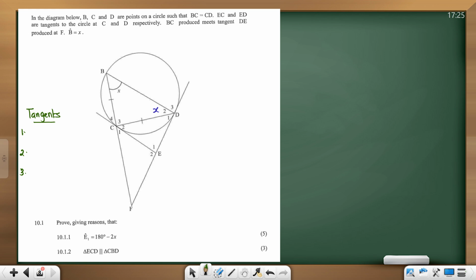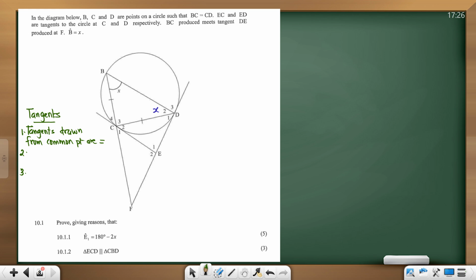Tangents drawn from common points are equal. Yes, number 2. Anybody about tangents? We're revising, so we extend. Number 2 about tangents.